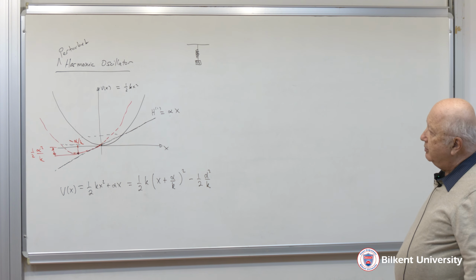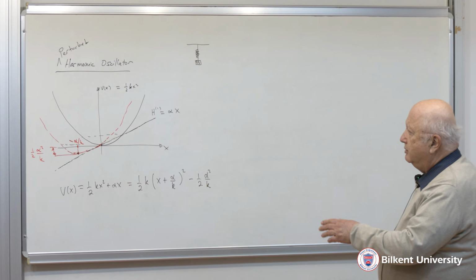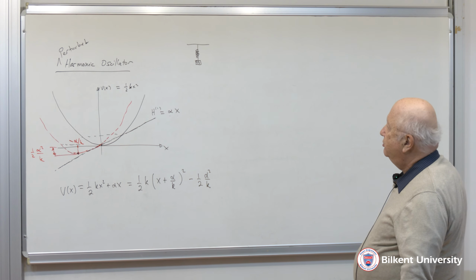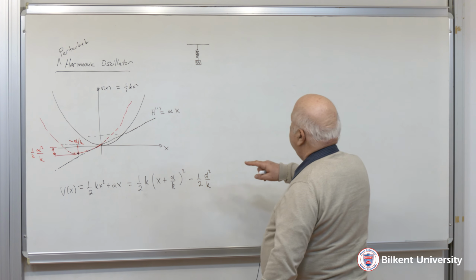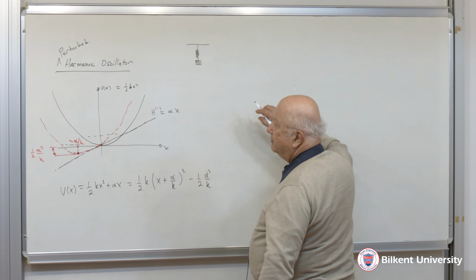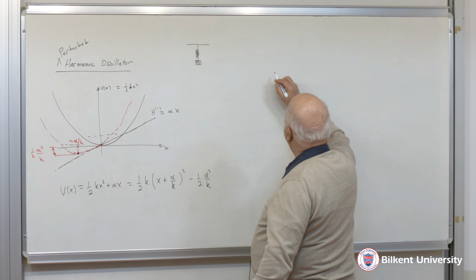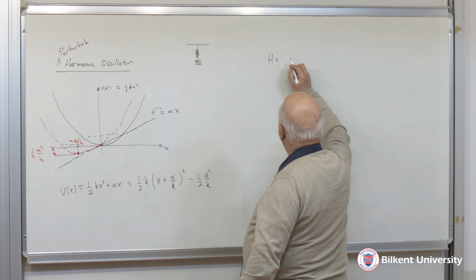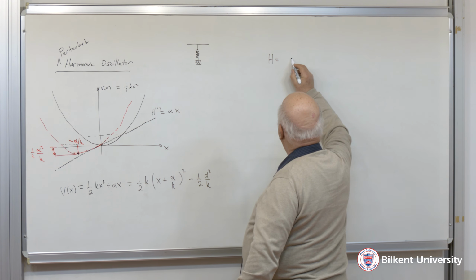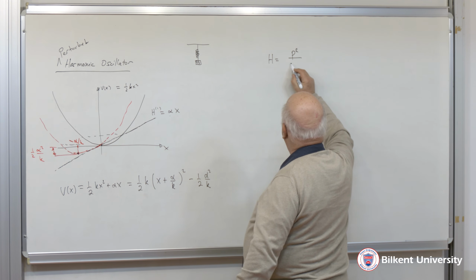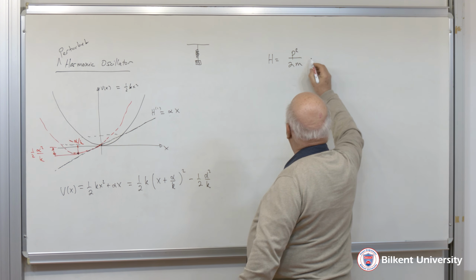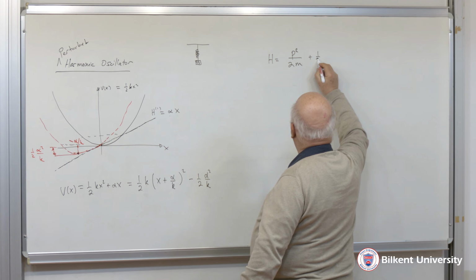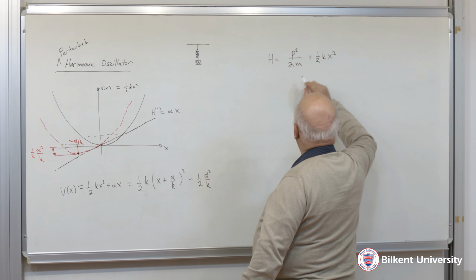Let's just look at all of these things. Let's just clean up certain details. Let me just derive what this x0, etc. are. So the Hamiltonian is going to be equal to p squared over 2m plus 1/2 k x squared.